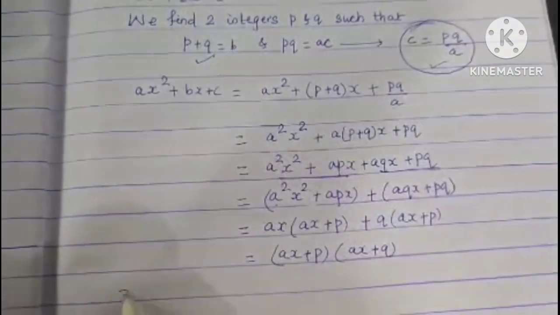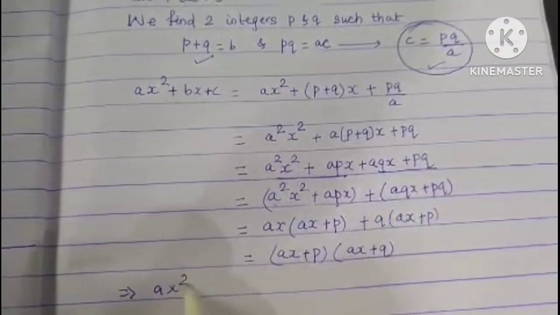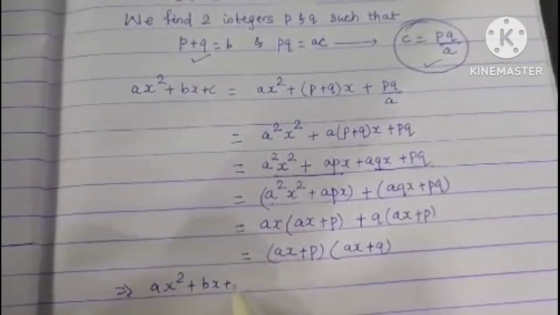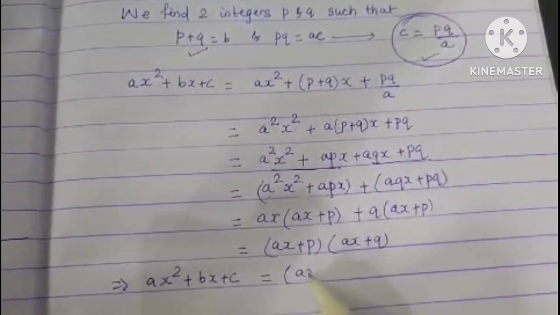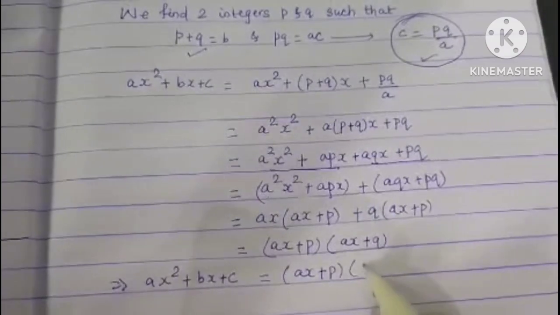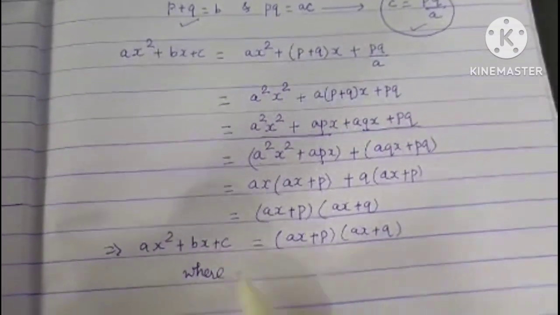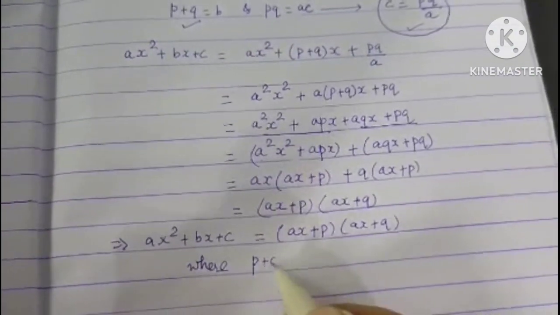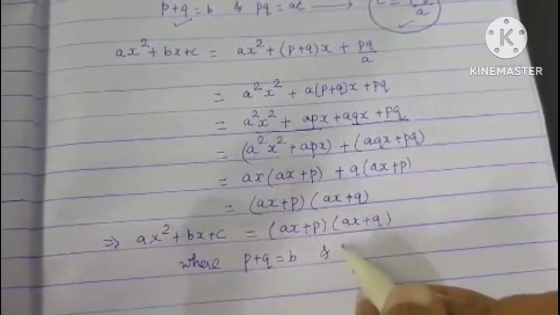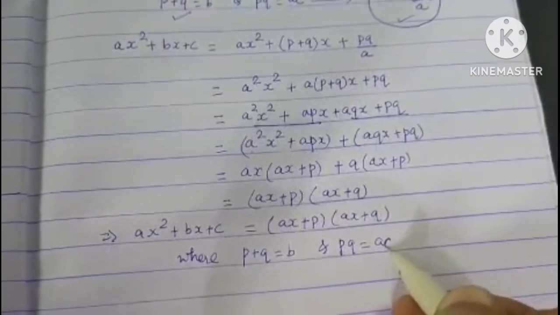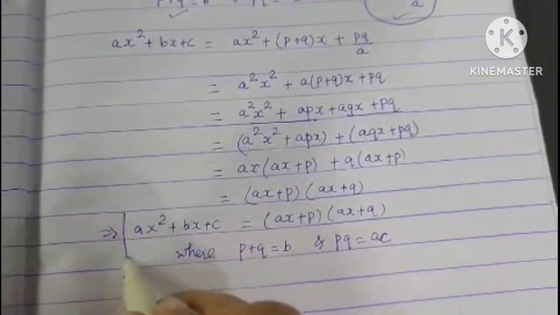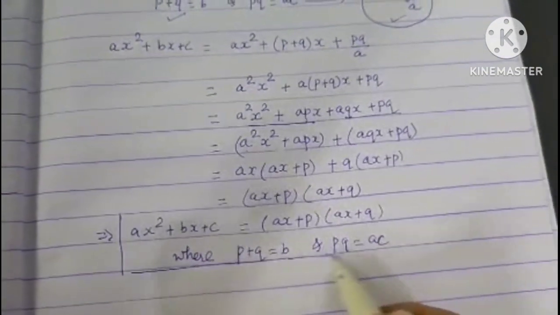Now we can write ax square plus bx plus c is equal to ax plus p and ax plus q, where p plus q is equal to b and pq is equal to ac. So this will be of our use.